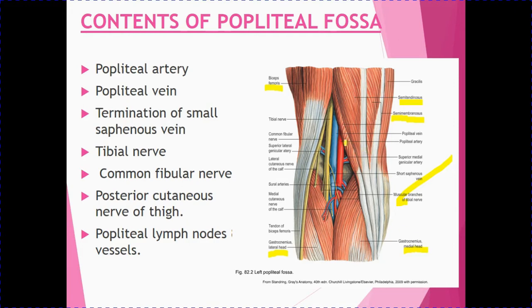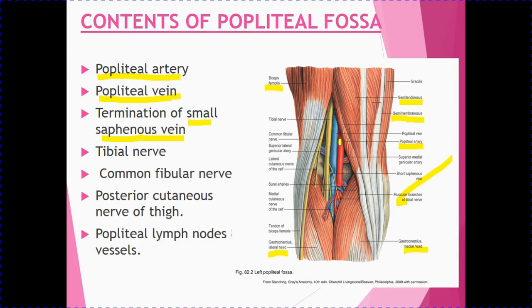Now, what structures are present inside the popliteal fossa, or the contents? They are the popliteal artery, popliteal vein, and the termination of the small saphenous vein, which we told you. Okay? So let us first see these three things in the figure.